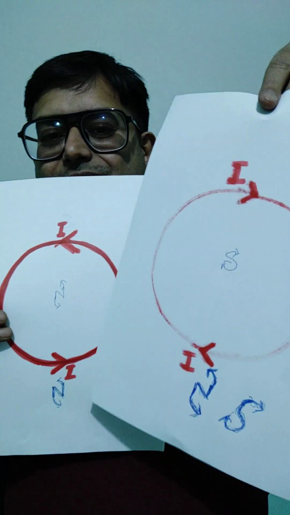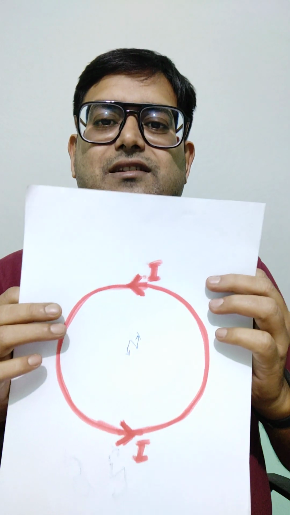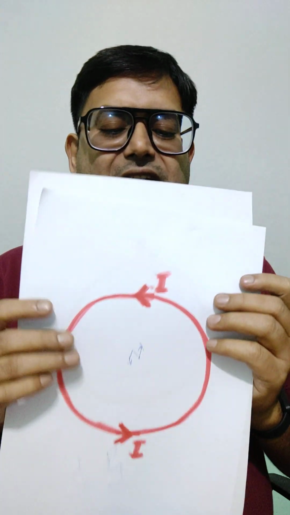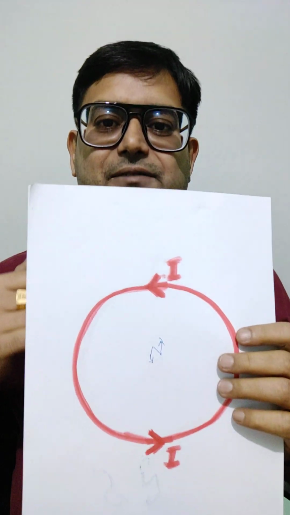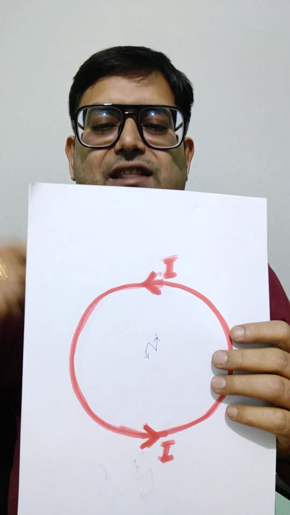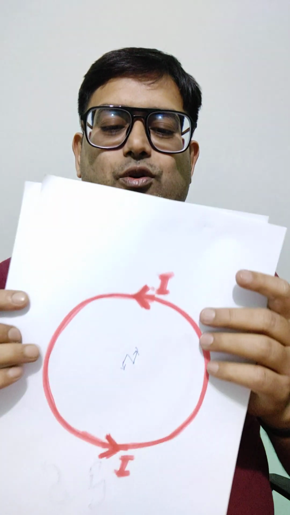Now the south of this is facing the north of the other. South and north will definitely attract each other, and that attraction will exist as long as there is a current flowing through that coil. The moment the current becomes zero, no repulsion happens. No force.